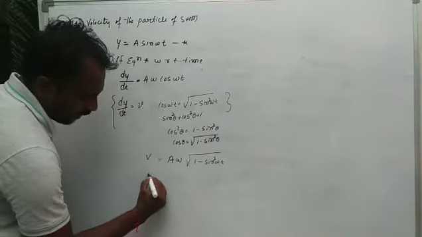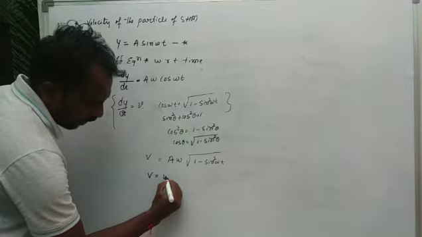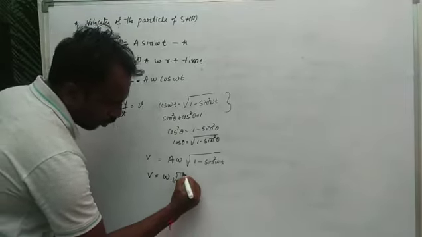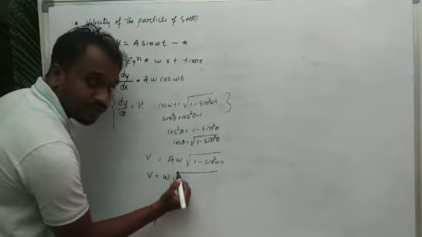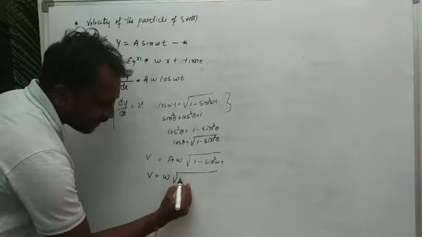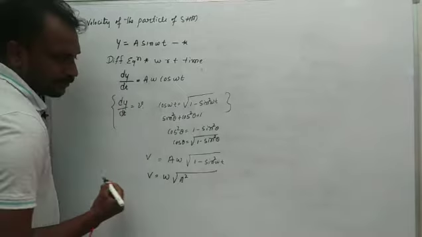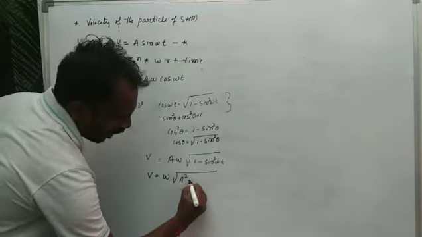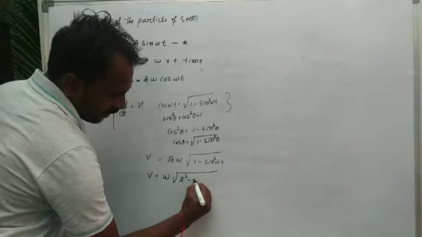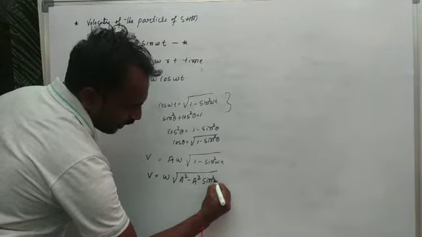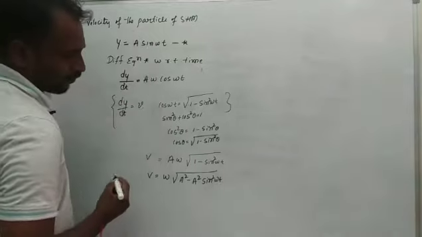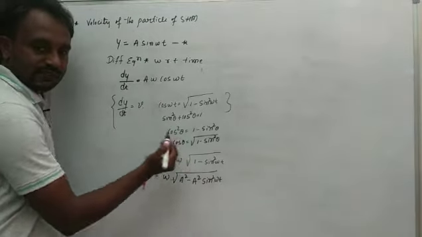So v is equal to omega as it is, the whole root of a into 1 minus sine square, but here a square is needed and only a is there, so a square minus a square sine square omega t. So this a we take inside the root.